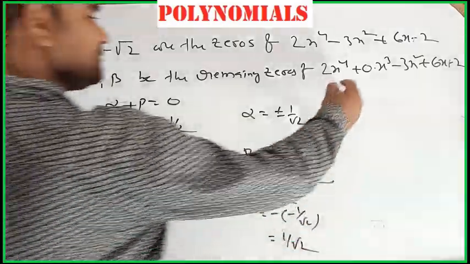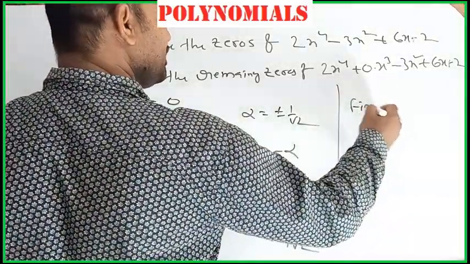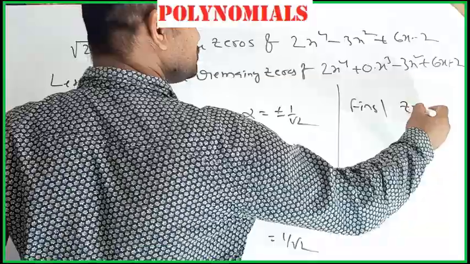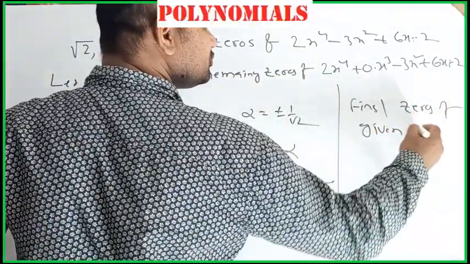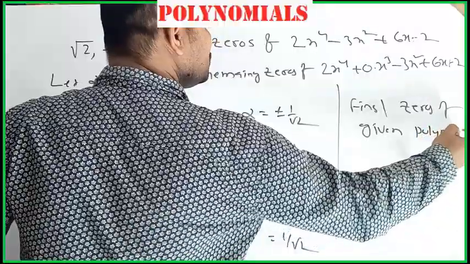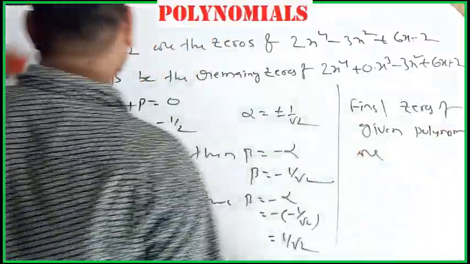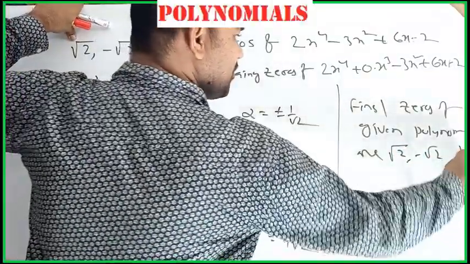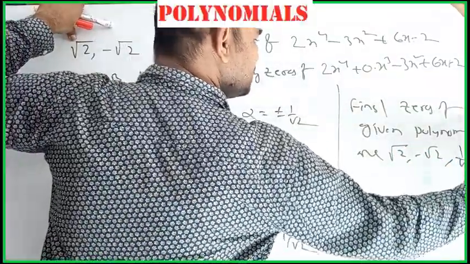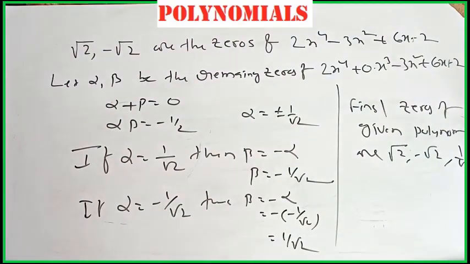So finally, the zeros of the given polynomial are root 2, minus root 2, 1 by root 2, minus 1 by root 2. These are the 4 zeros of the required polynomial.